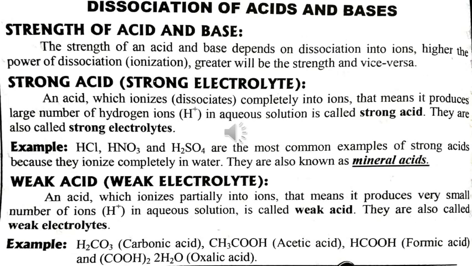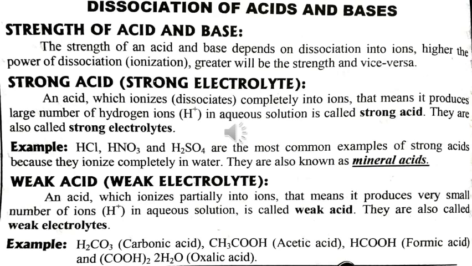Dissociation of acids and bases. We can say that acids and bases can dissociate into ions when they dissolve in water or aqueous solution. And you can determine how strong or how weak an acid or base could be on the basis of dissociation of their ions.